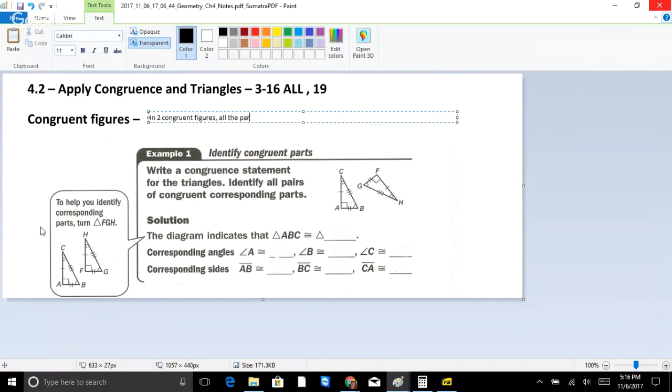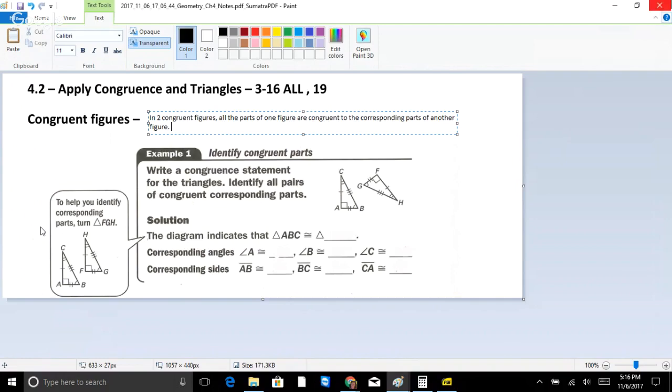all the parts of one figure are congruent, nothing like using the word to define itself, to the corresponding parts of another figure.